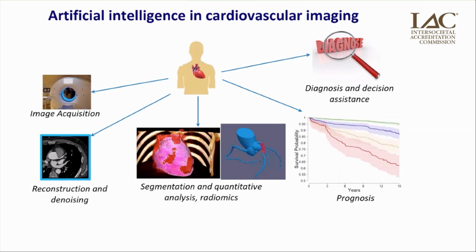That then allows us to extract deep amounts of data. And when you have all that much data, we need a technique to integrate all that data, which again, machine learning and AI techniques have a role in. And that integration of data can then lead us to be able to predict prognosis. And in some cases, these same techniques can assist us in diagnosis and decision making.